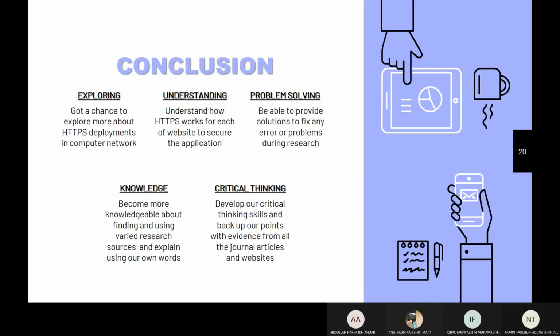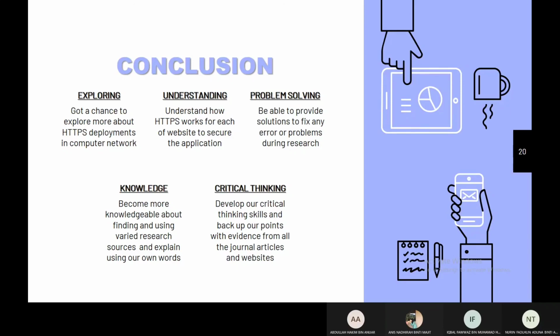Third is enhancing our problem solving skills. By doing this research, we are able to provide solutions to fix any errors or problems during this research. Fourth, based on our knowledge, we become more knowledgeable about finding and using varied research sources and explaining using our own words for this research.